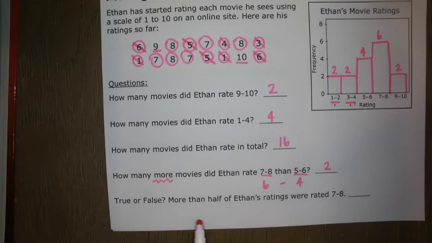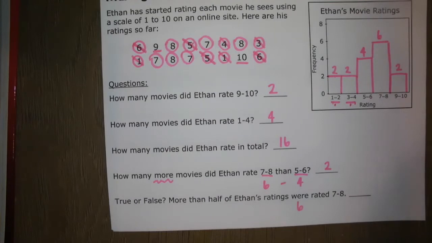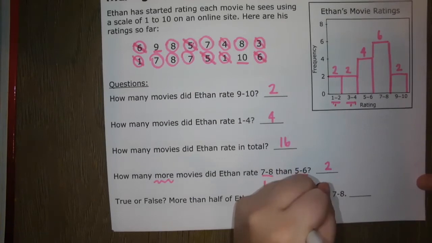True or false? More than half of Ethan's ratings were rated 7 to 8. Well, we know that he rated 6 movies 7 to 8. But to determine if that's half or not, we have to think about how many total movies he rated. When we added up all of these bars, we got 16.